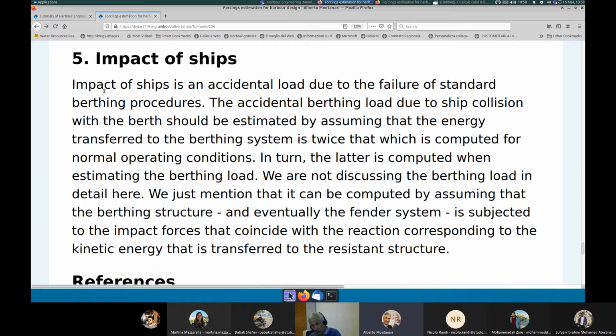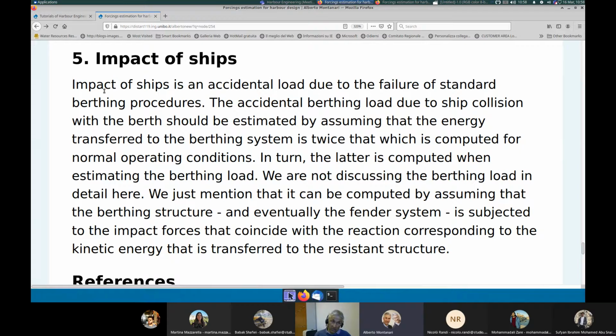It's a very simple law of structural mechanics that I think you know. It transforms the energy into an impact force, and of course you may take into account the attenuation due to the presence of fenders.